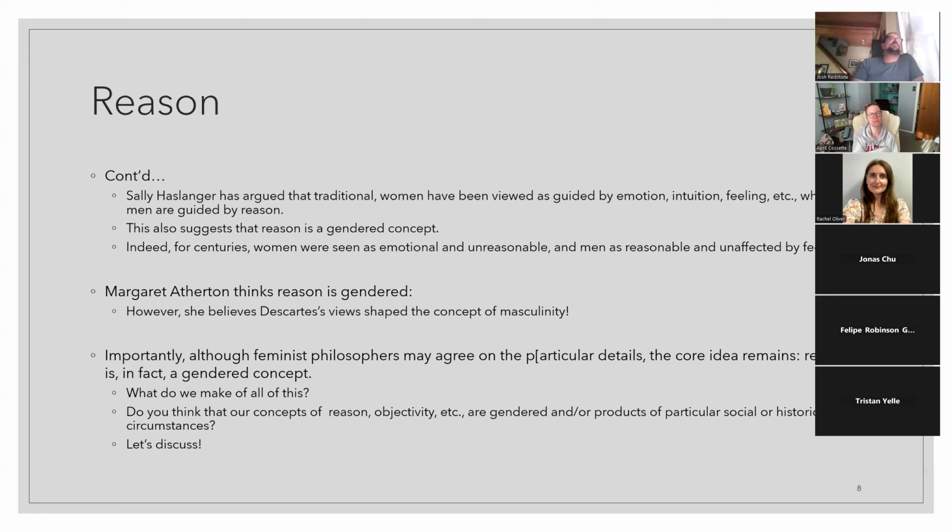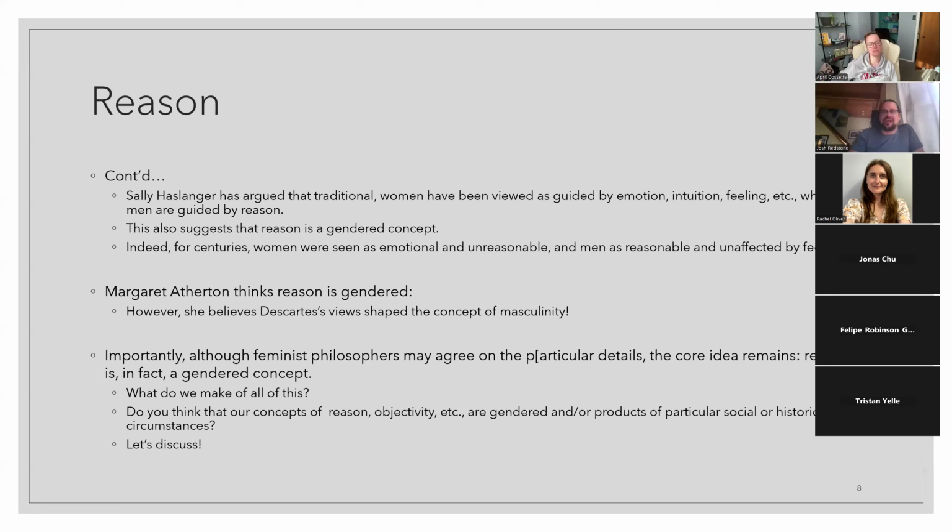I mean, we expect men to be reasonable in the way that Descartes describes. So maybe men try to appear that way. Maybe men try to be less emotional, right? You see this, it's like a trope in movies, when a man cries, like, "I'm not crying, I've just got something in my eye." You know what I mean? There's that kind of thing, right?